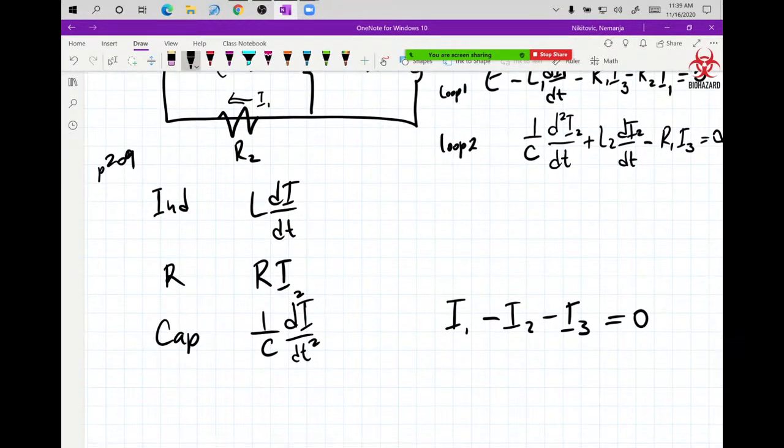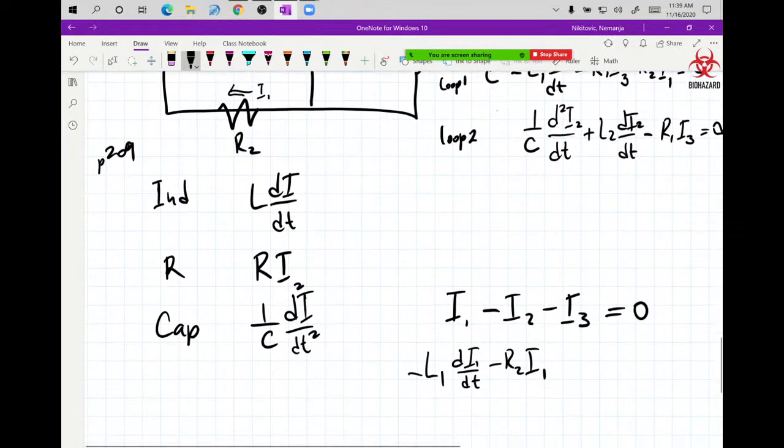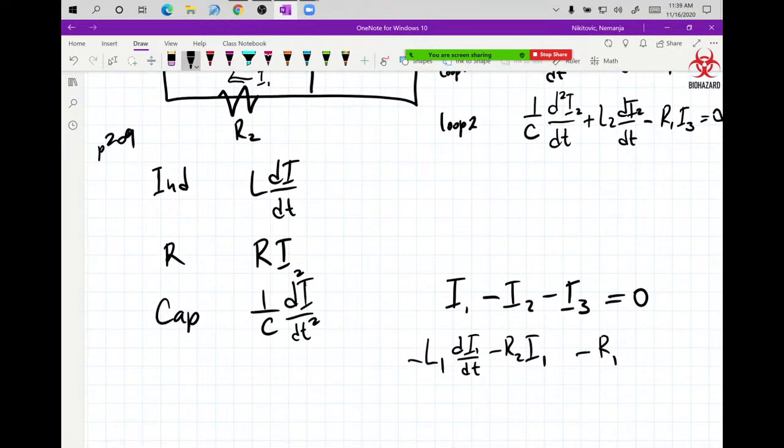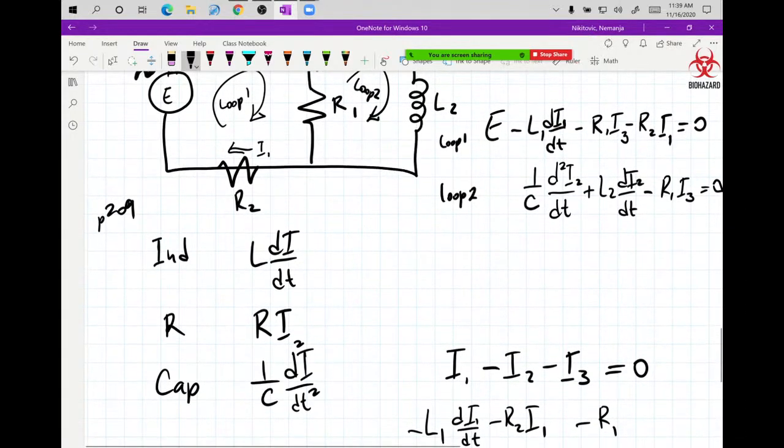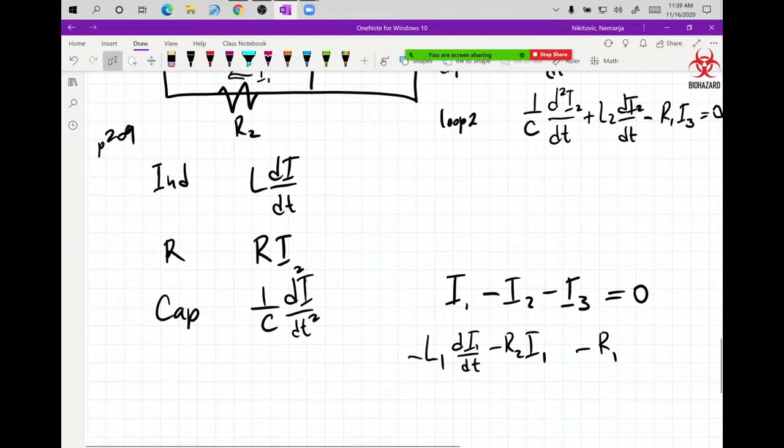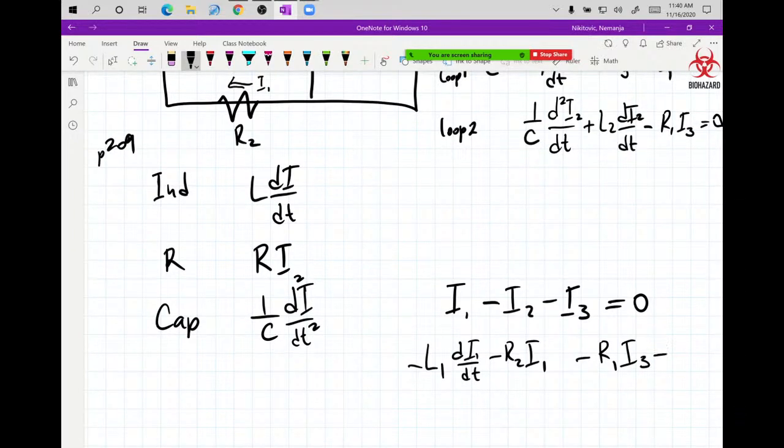So you have your negative L1 di1/dt minus R2 I1. So that's all I1. And then you have minus R1 I3. Is it R1? Yeah. I3 equals negative E. So you can change all the signs to positive.